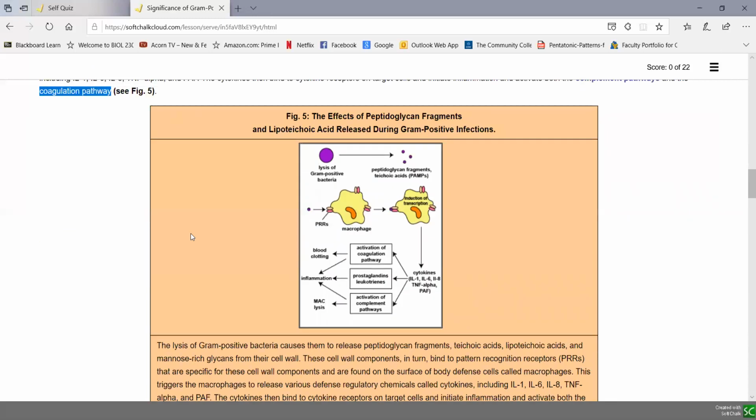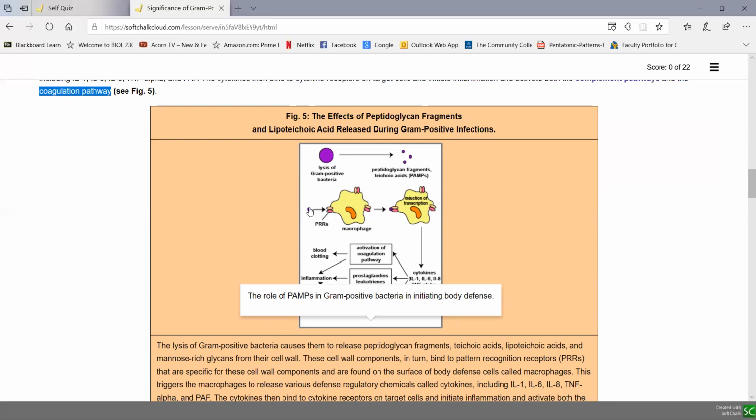And this is summarized in one of the illustrations we'll look at later in Unit 3, Figure 5 right here. So let's say a gram-positive bacterium is lysed, or it releases molecules during replication, such as peptidoglycan monomers, teichoic acids, etc., which act as PAMPs. Well, our defense cells, like this macrophage, have pattern recognition receptors that fit those different PAMPs.